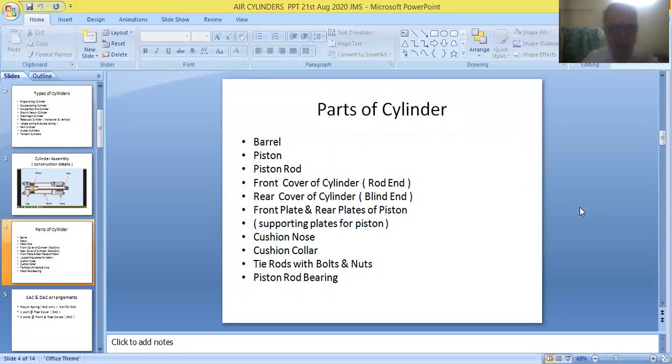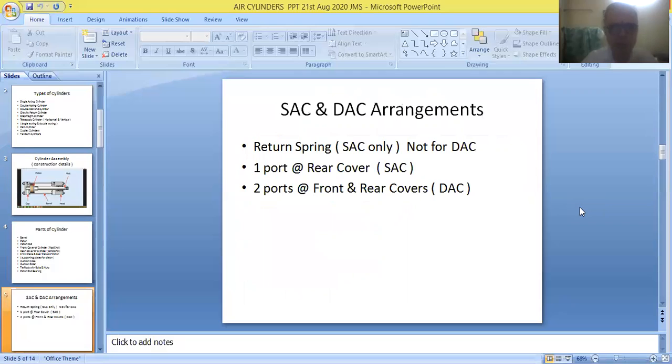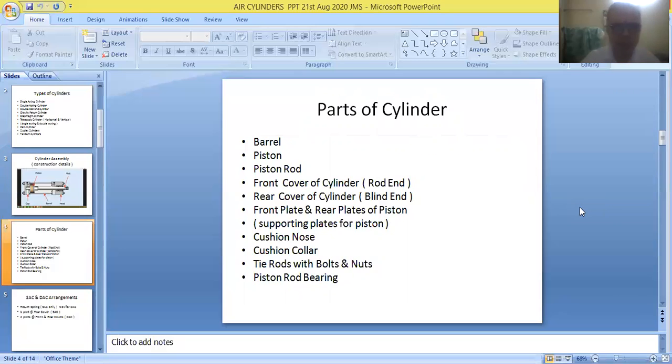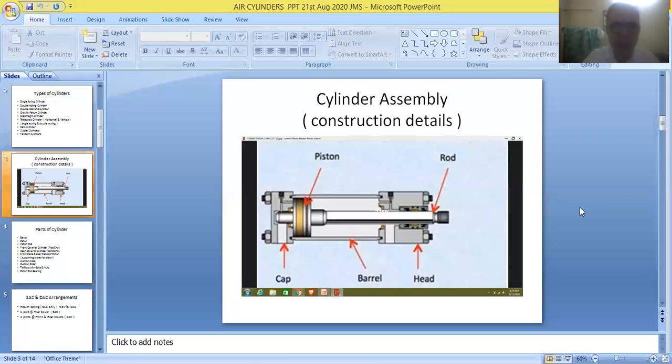In addition to all these items, a return spring is essential for operating single acting cylinders. So friends, these are the various components as far as cylinder assemblies are concerned.